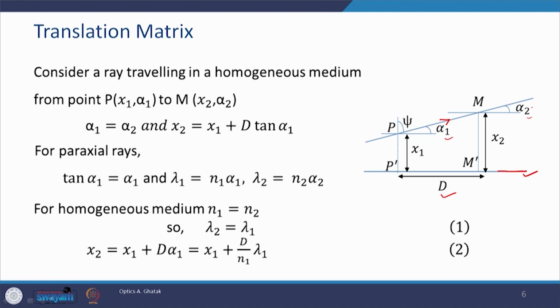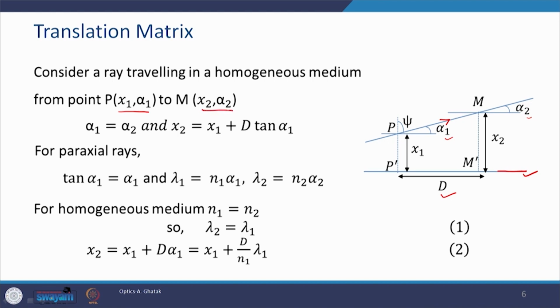Now, under these conditions we can define the coordinates of P and M. The coordinate of P would be x1 and alpha 1, x1 is the distance from the horizontal and alpha 1 is the angle from the horizontal, and similarly the coordinate of M would be x2 and alpha 2.